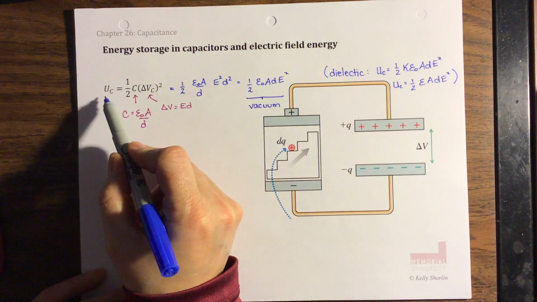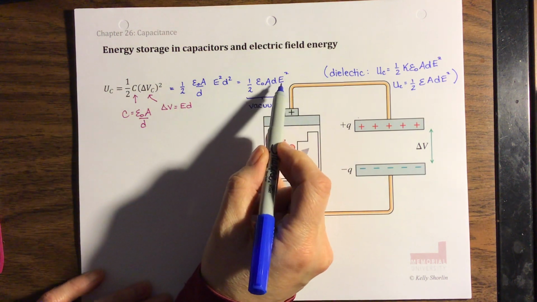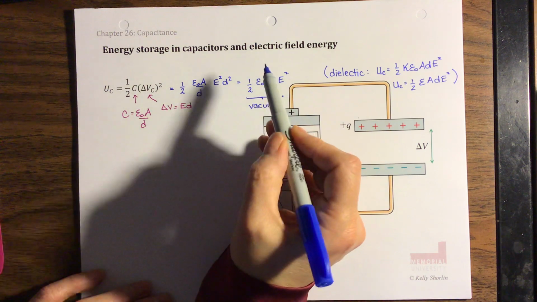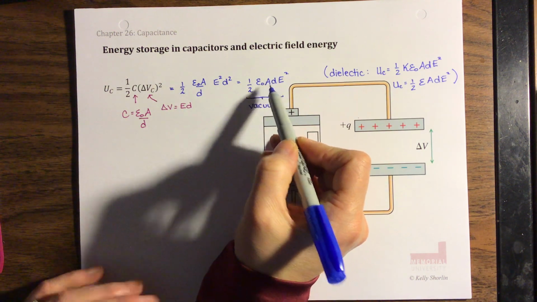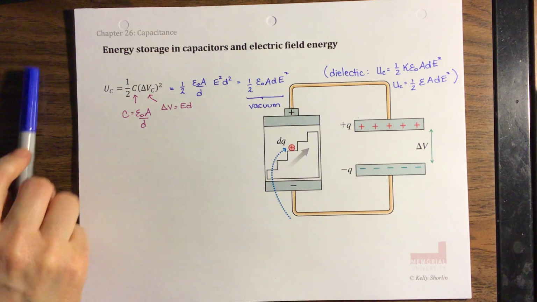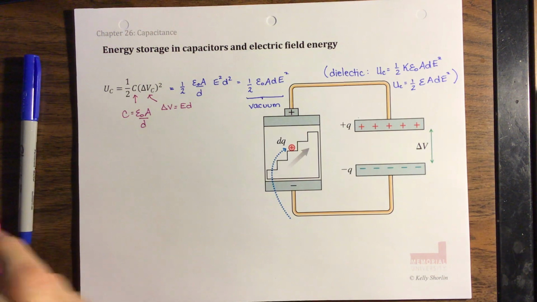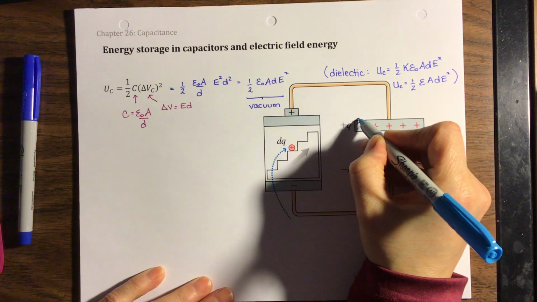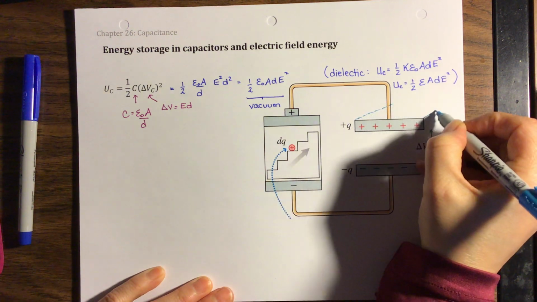So we see that the electric potential energy definitely has a dependence on the electric field. Let's think about this part right here. We see A times D in our expression. What is A times D? Well, if our plate has area A, bear with me while I try and draw this in 3 dimensions.